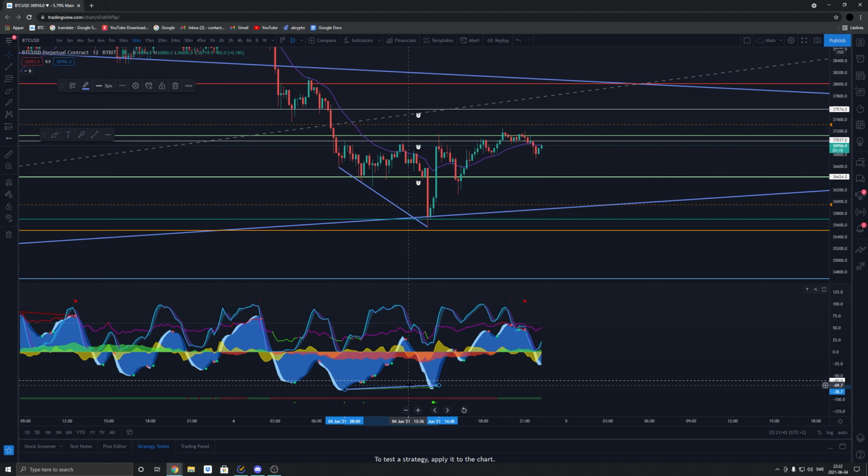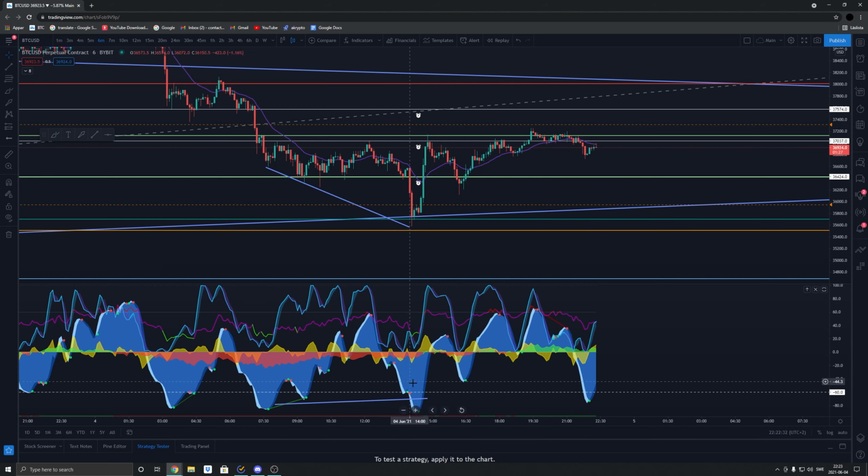We see actually here as well that when we are coming closer to this level, we see very clearly that the money flow is curving to the upside, right?